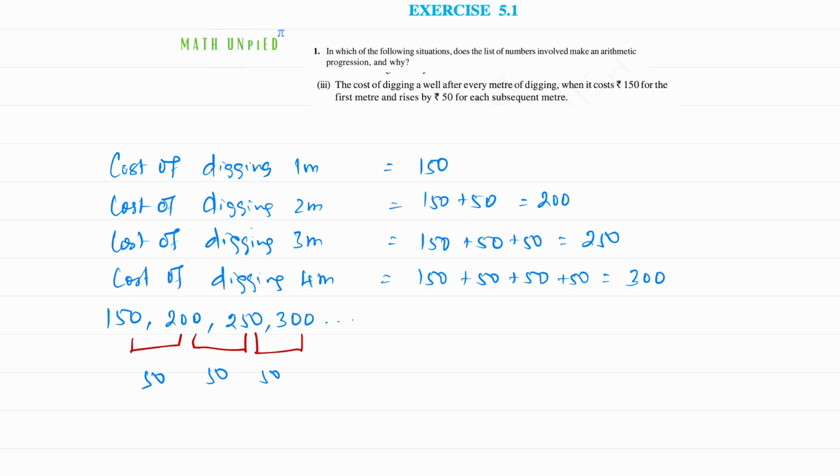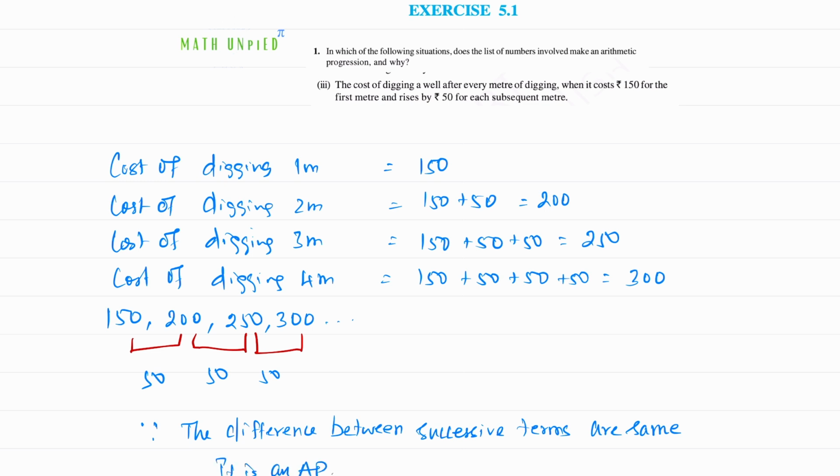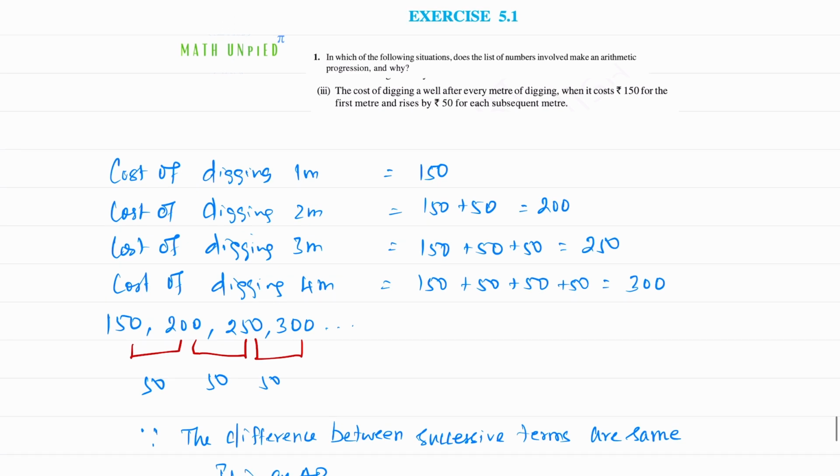So the difference is the same, so since the difference between successive terms are the same, it is an AP. So this is an AP because the difference between successive terms is the same value.